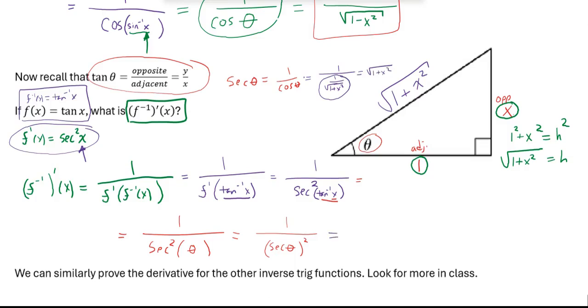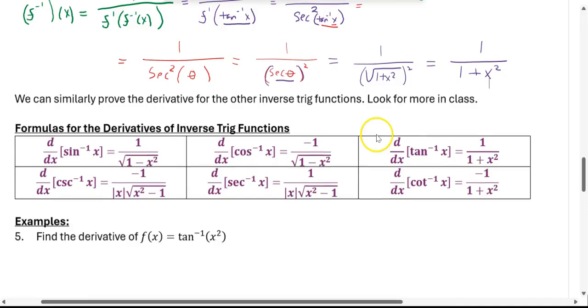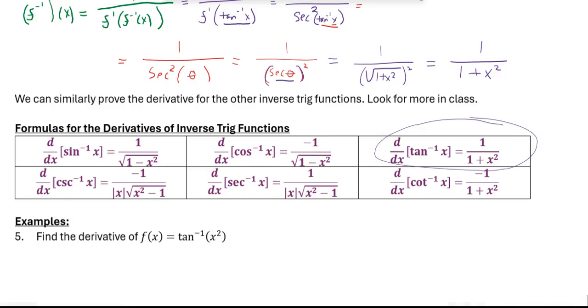And so what we get finally is the square root of 1 plus x squared, that's secant theta, but then all of that is squared, and so those just cancel out, and I just get 1 plus x squared. Isn't that beautiful? And then we have proved that the derivative of inverse tangent is 1 over 1 plus x squared.